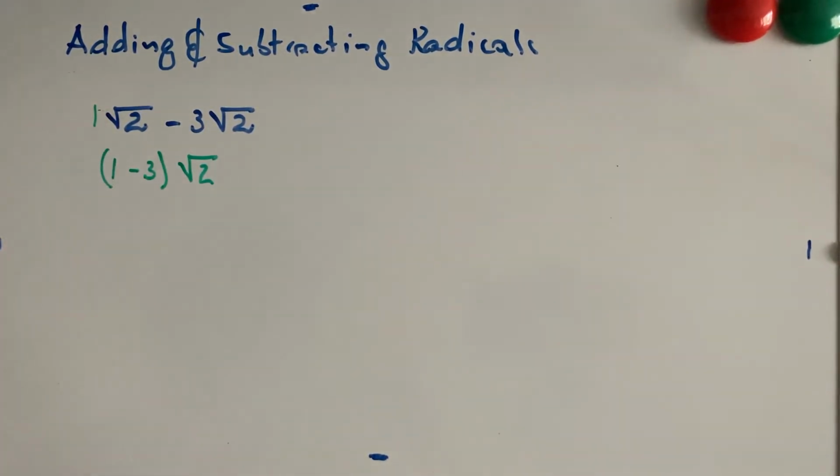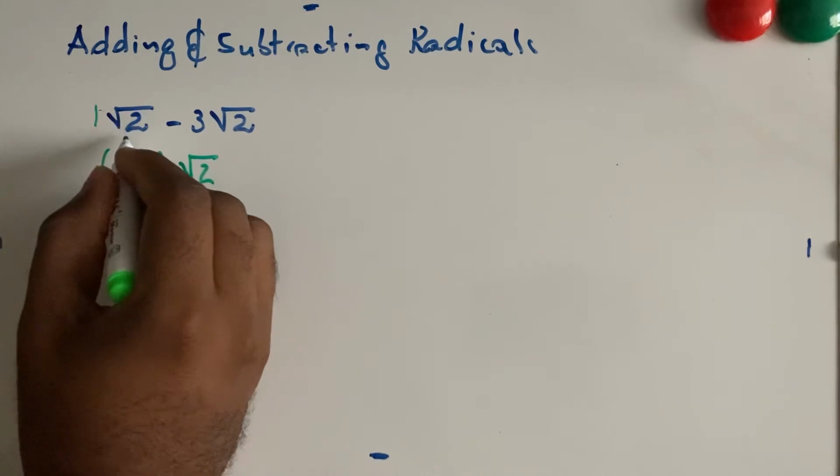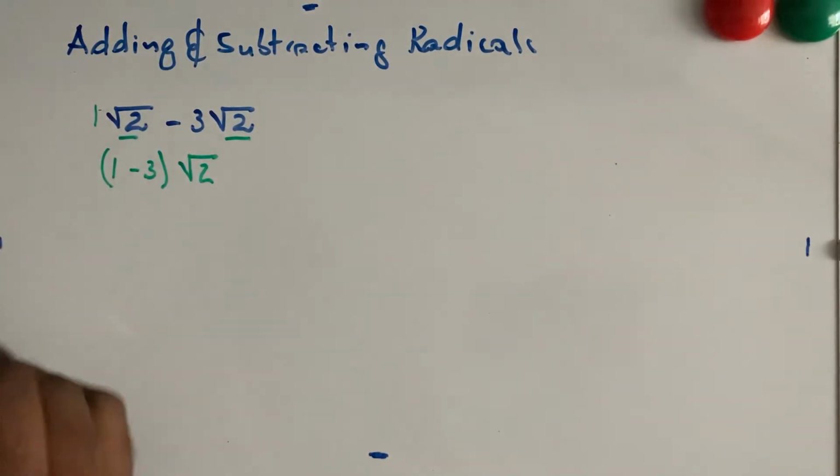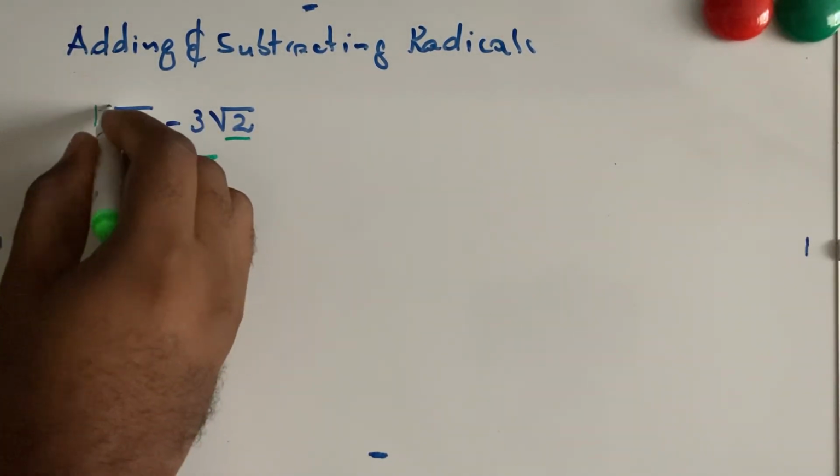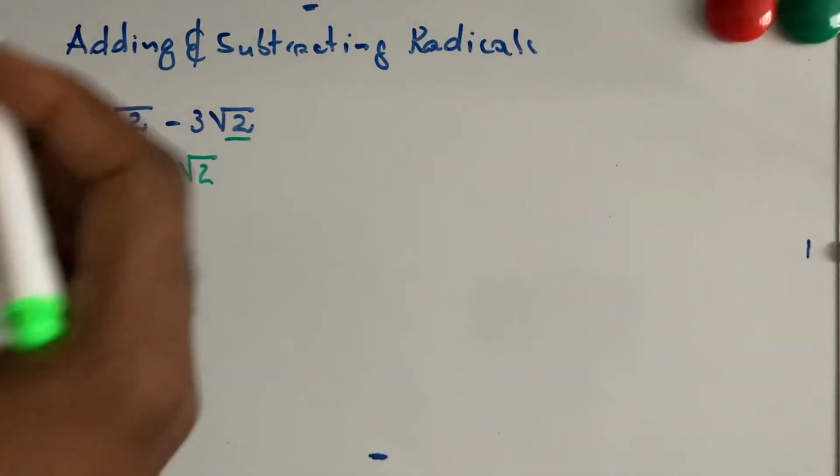I have to subtract the coefficients, just like when you have variables. Why did I do this again? Just because I have like radicals, because square root of 2 is the same here. Same index, same radicand, so same radical.